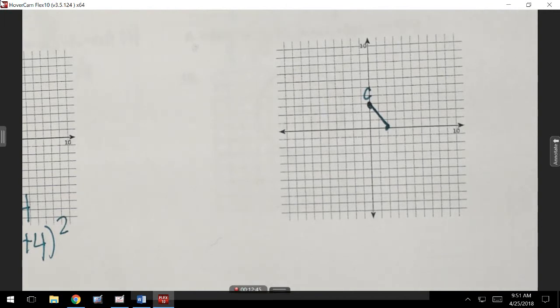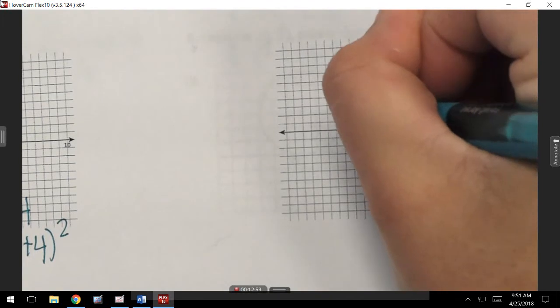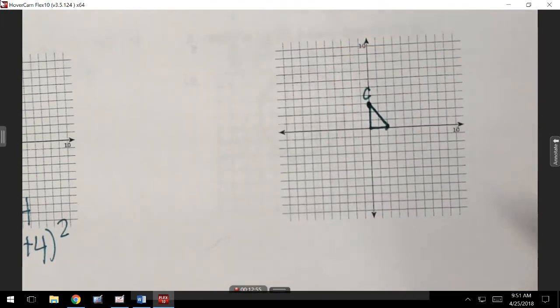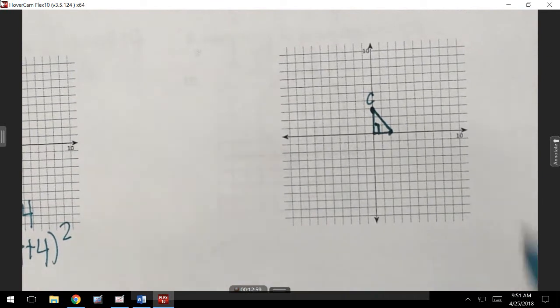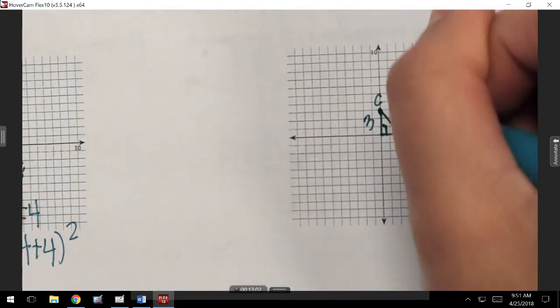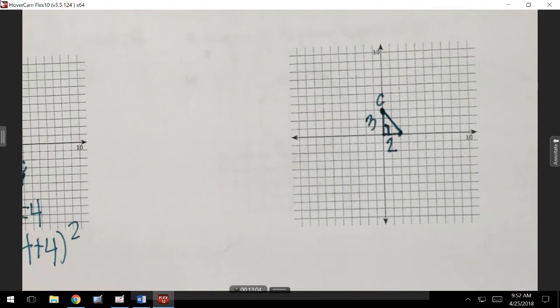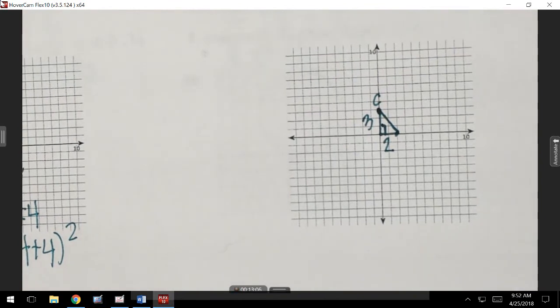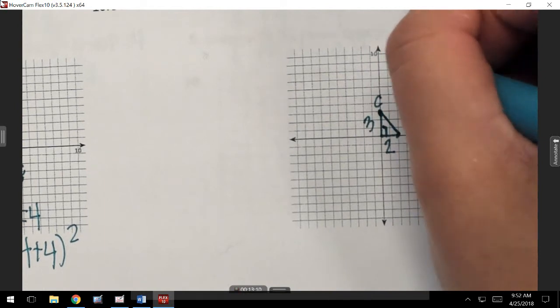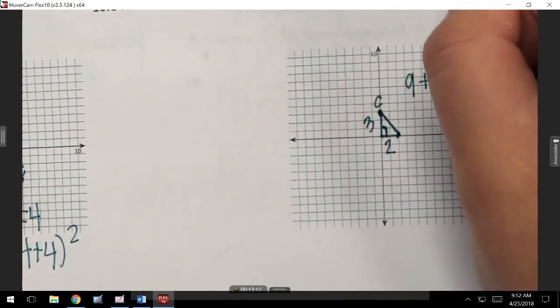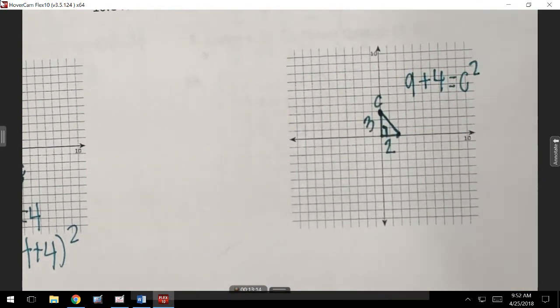Option 3, drop down and over, and I just formed a right triangle. And this leg is 3, and this leg is 2. I can find the hypotenuse by using Pythagorean theorem. 3 squared plus 2 squared equals c squared.